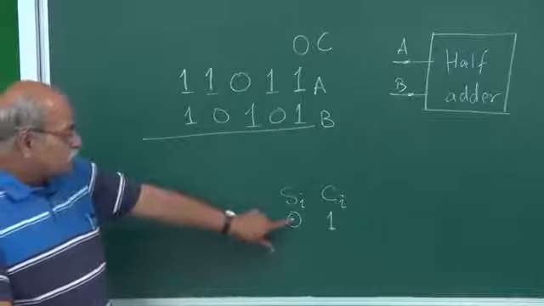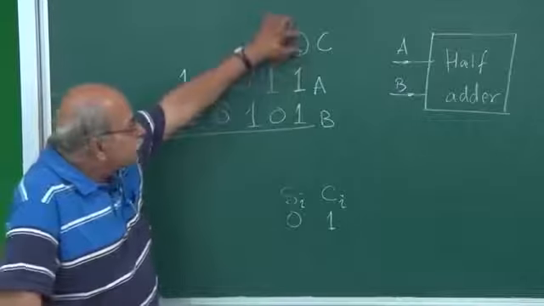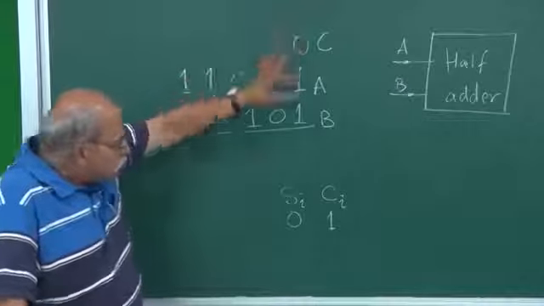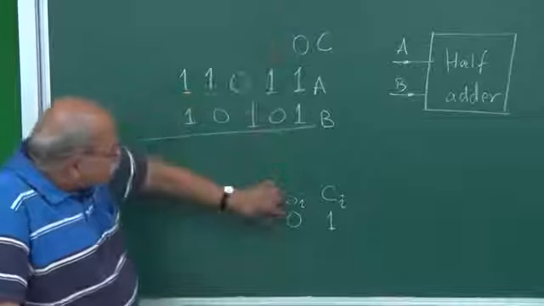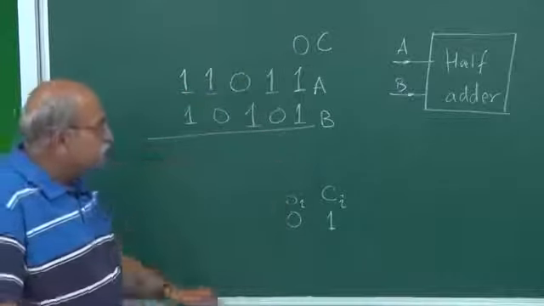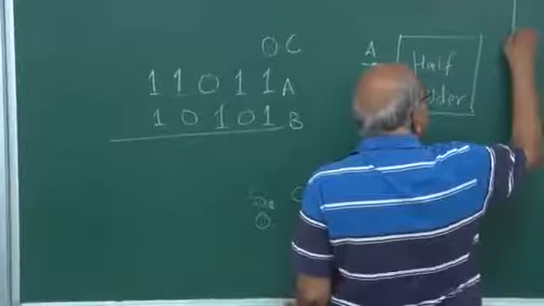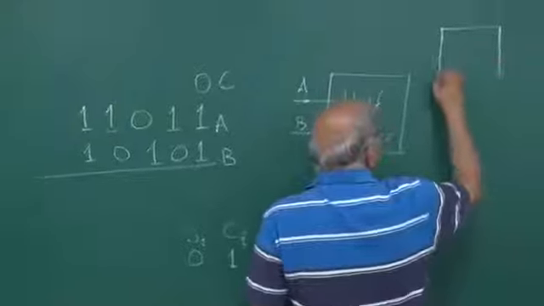Now, this intermediate sum and this carry here, they should go through another half adder, and then you will get the final sum, right? So, let me put another half adder here.